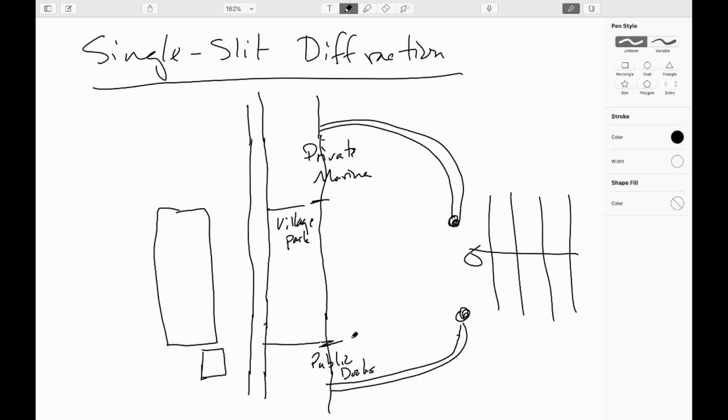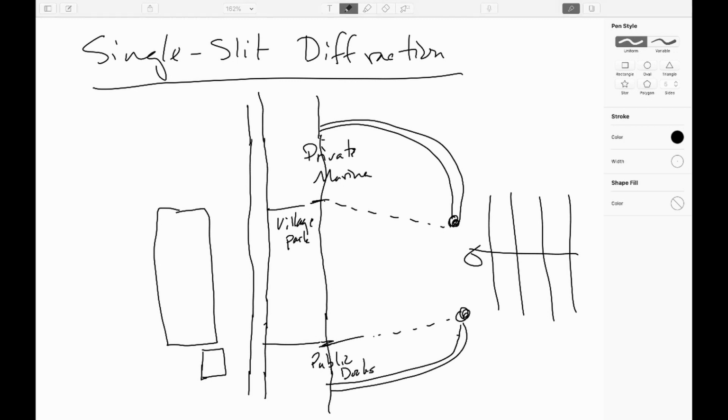It turns out, though, it kind of shadows out a region maybe looking like this. And then over here and over here, there will be some waves, but they will be much, much lighter than the waves that are coming in hitting the village park over here where the beach is.